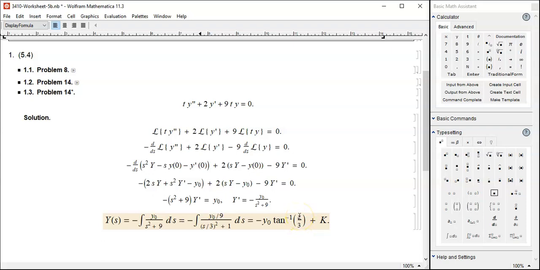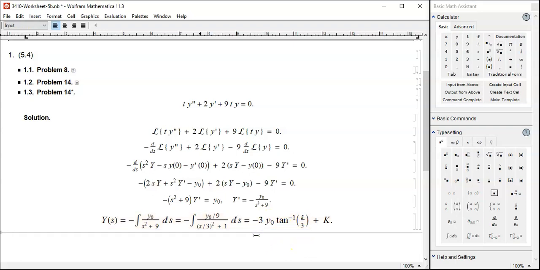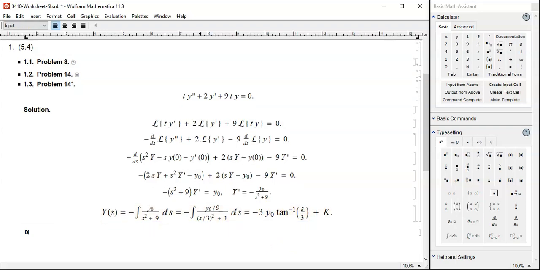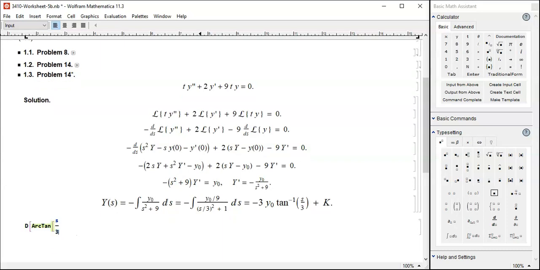Let's see. Take the antiderivative and this one over that, and by chain rule we have 1/3, but we have 1/9 here, so I'm going to get some constant here. I think this is right. Let me check. Arctangent of s over 3.